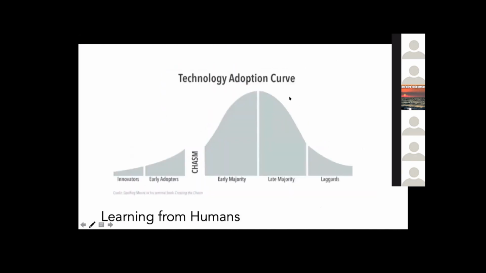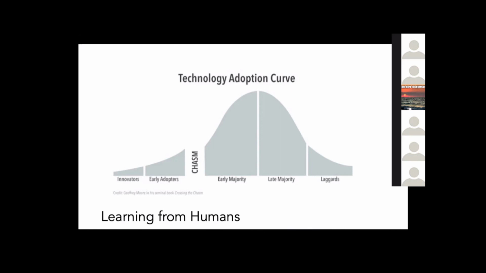Okay, this is another way of looking at what kind of users are out there. This is called the technology adoption curve. Maybe you've seen that before, or you can also situate yourself in there. For example, I am always a laggard, because after everyone on this planet has adopted a technology or a trend, then I realize, oh, this could be interesting.